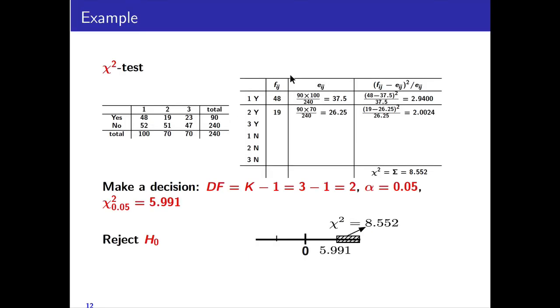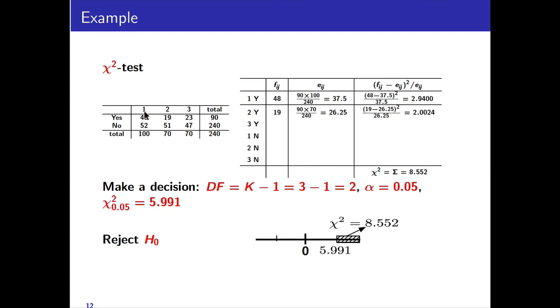So let's look at this example for the chi-square test. We wanted to test that not all population proportions are equal. And that's step 1. And step number 2, we need to set up the table to find the test statistic chi-square.